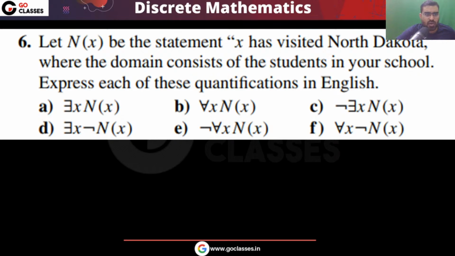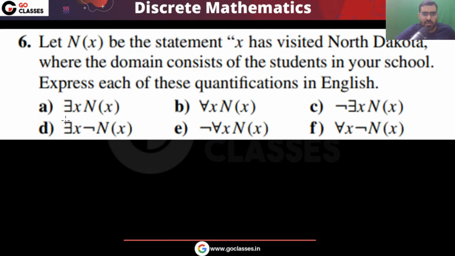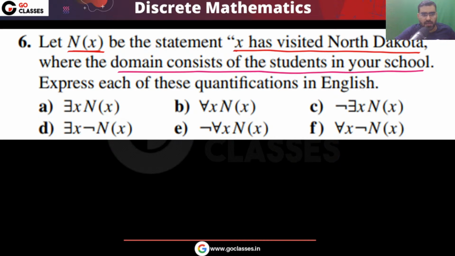Now let's see how to convert these statements into English. I'm not going to do all of them, but you quickly tell me. In English, how will you write this? There exists x, N(x), where N(x) means x has visited North Dakota, and the domain is the set of students in your school. The first is: someone has visited North Dakota.